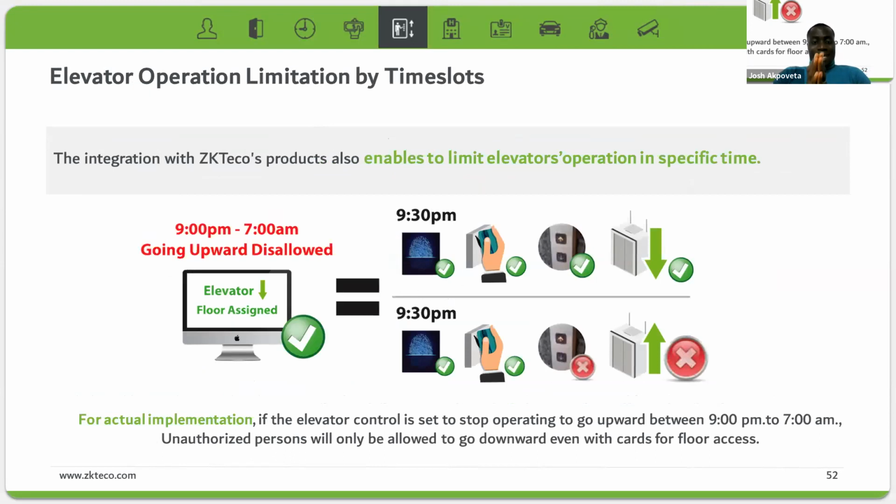You can give people access based on certain time zones, such that if, for example, you have a 20-story building, and you want that from 5 p.m., nobody can go upward, but everybody who has gone upward before 5 p.m. can be allowed to come down. But no new person can go upward from a certain time. This can also be set with ZKBioSecurity elevator control, limitation by time slot.